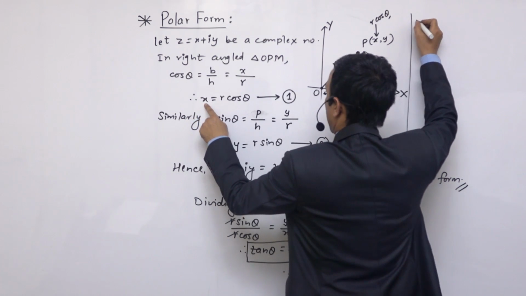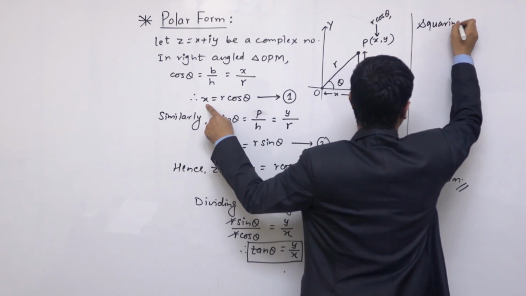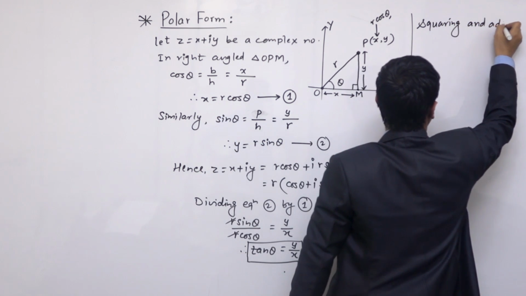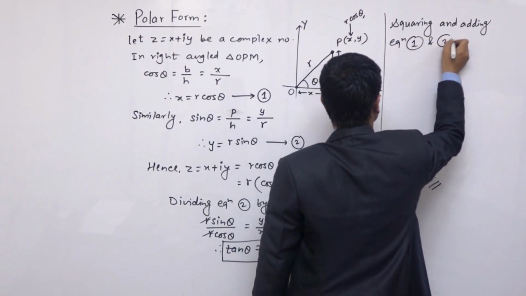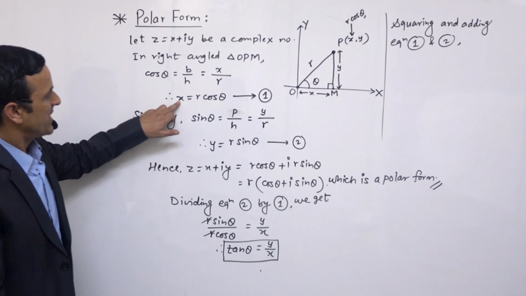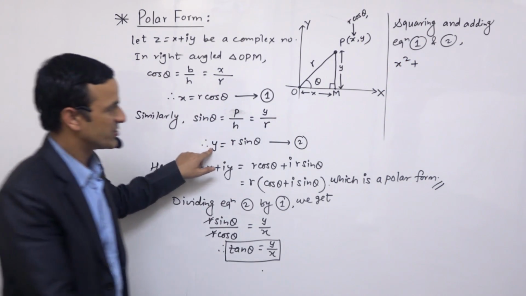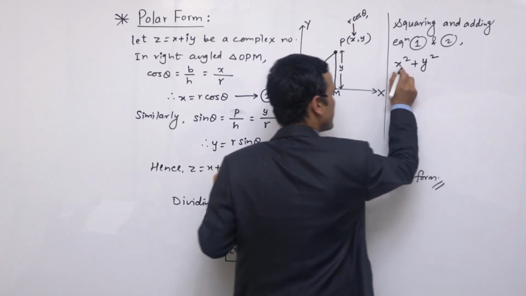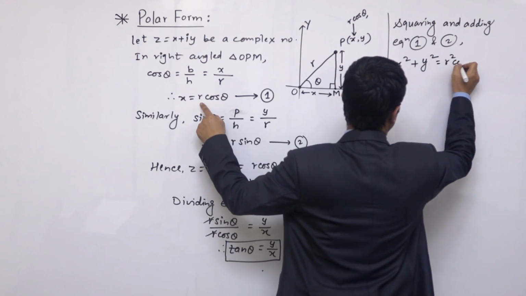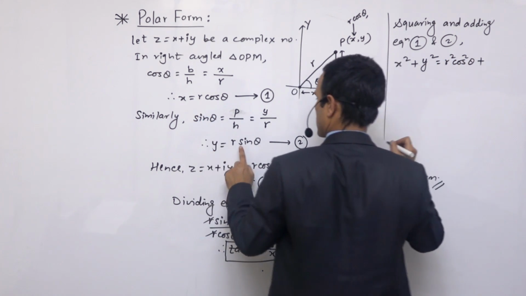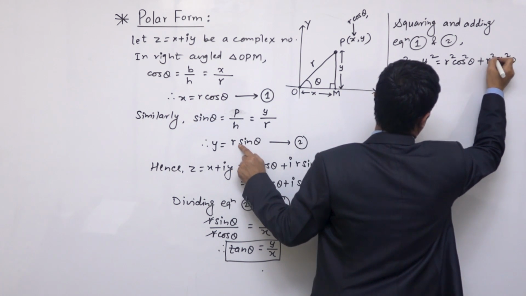So let's write down squaring and adding equation 1 and 2. So what we get? x square plus y square is equal to r square cos square theta plus r square sin square theta.